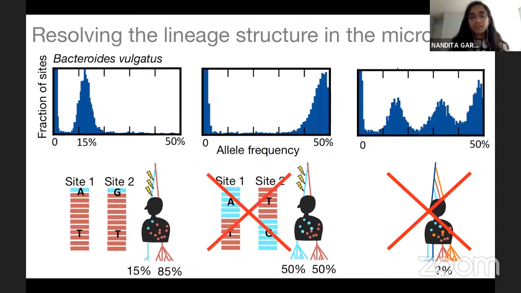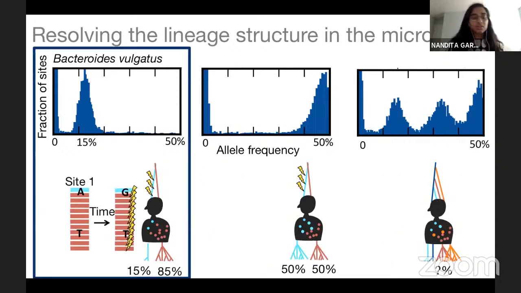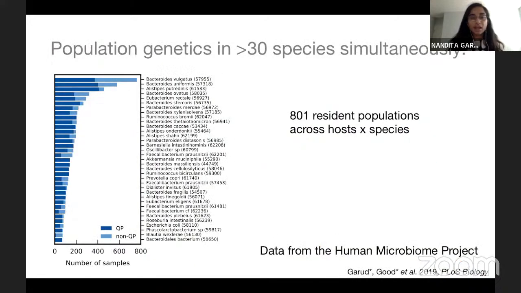And so we need to basically identify those samples that have a clear dominant lineage so that we can assign mutation to that or genotype to that lineage, and then identify mutations on top of that lineage with time. And so this is the kind of signature that we're looking for and these kinds of samples that we're using. And you might be wondering, how many such samples do we have?